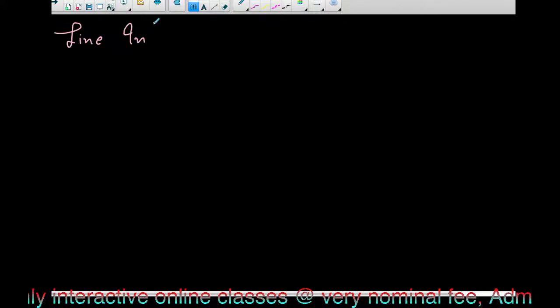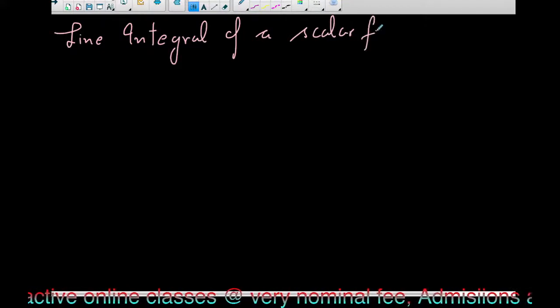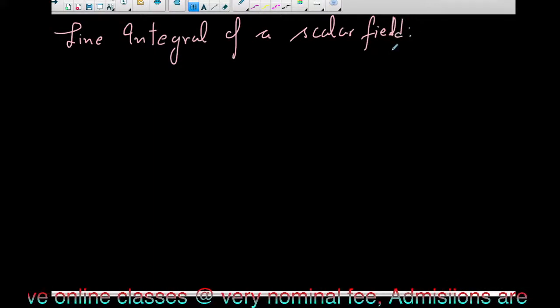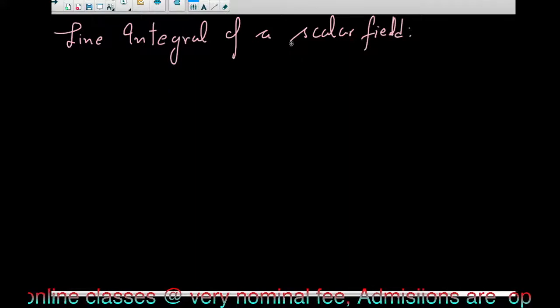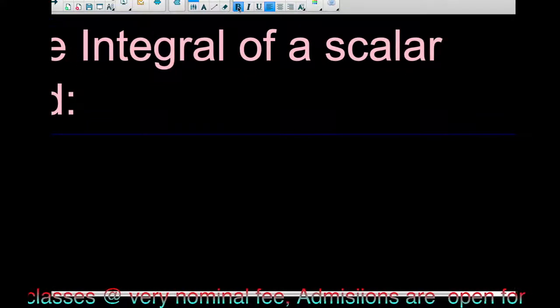First we will study the line integral of a scalar field. In detail we will discuss it today. This is the heading: line integral of scalar field.